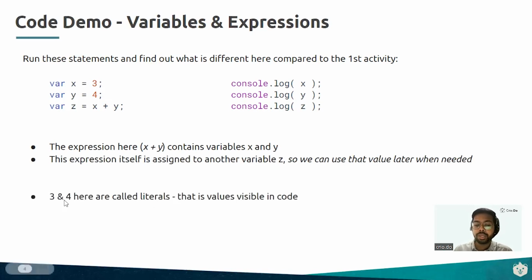Since the values 3 and 4 are directly visible in the code, we are calling them literals. But the value x plus y is not a literal. It is going to be considered an expression. Expressions always need to be evaluated first, and then only they can be printed. But the values that are directly visible in the code, we simply call them literals.